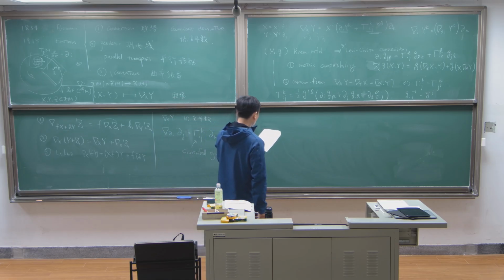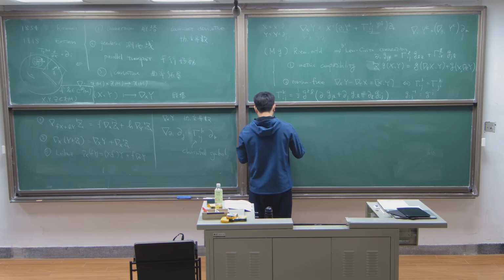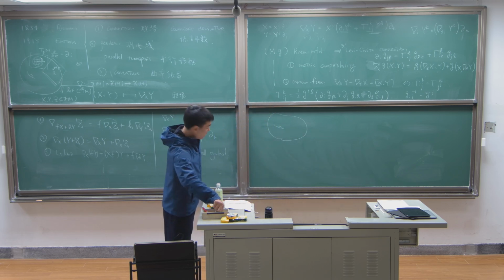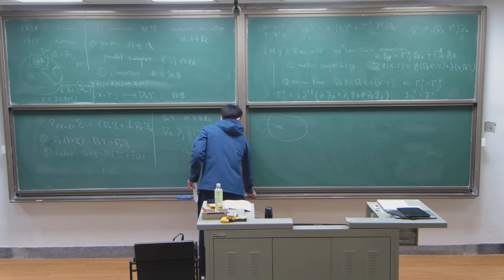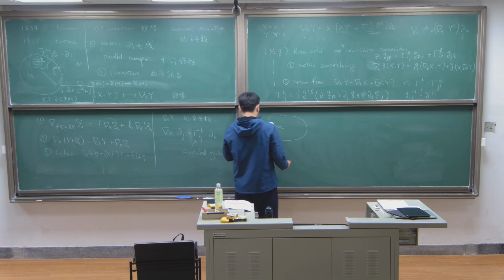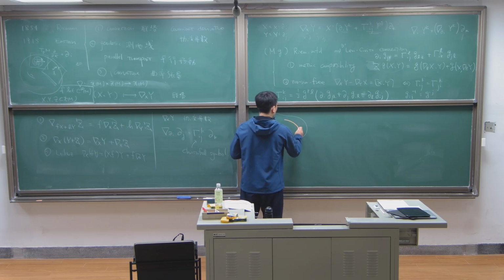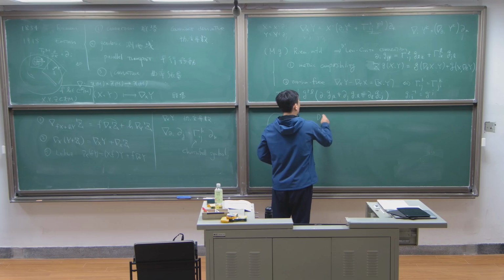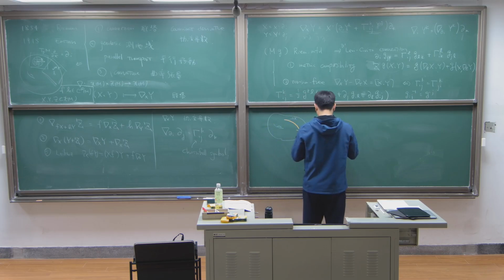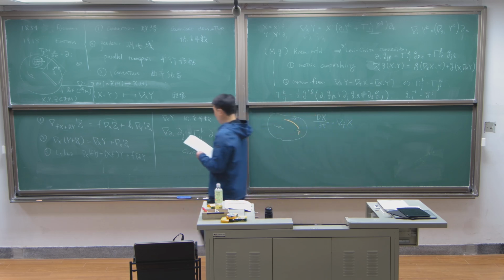Now, the covariant derivative along a curve. So if you have a curve gamma, and you have the x here, the covariant derivative is defined like this.